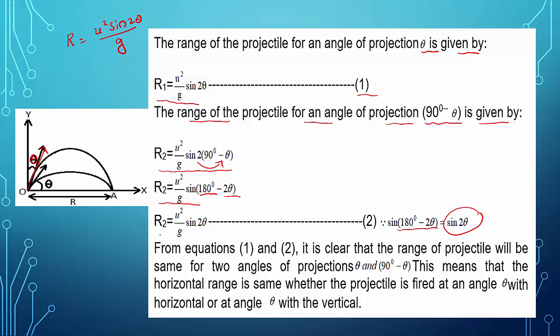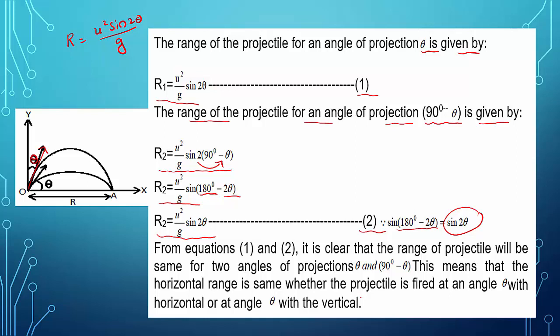Substitute here. We will get range R2 is equal to u square sine 2 theta divided by g. Let us take it as equation 2. Now observe equation 1 and 2, both are same here.